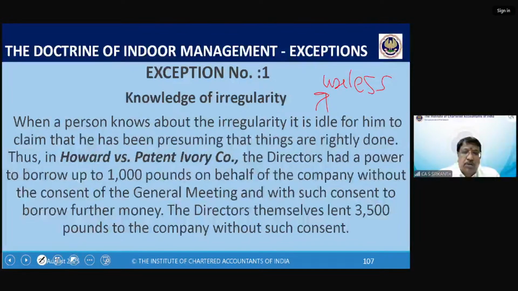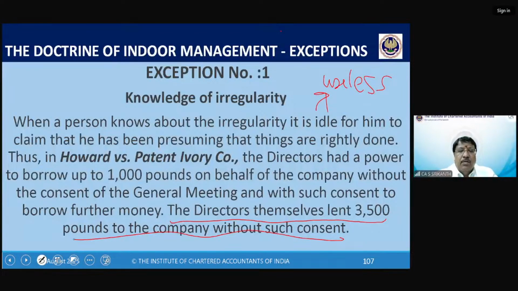Now what happened? Note it, your honors, the directors themselves lent £3,500 to the company, without getting the consent of the general body. Now, what do you think? Can they recover?